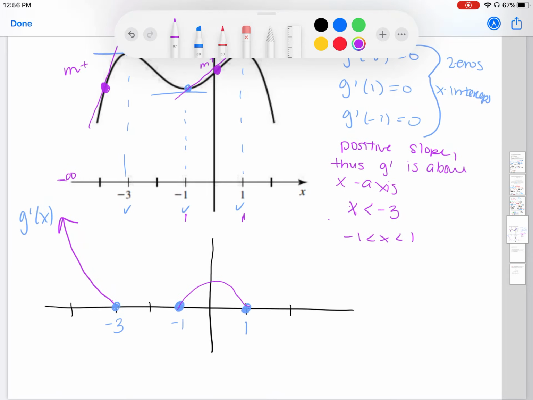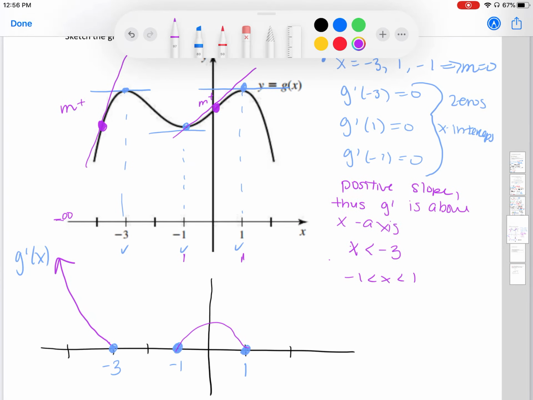Now, what's happening from there on out? We see that between -3 and -1, if I draw a point and create a tangent line, we have a negative slope. Same thing here. From positive 1 and on, we also have a negative slope. So when we have a negative slope, then our g prime graph is below the x-axis.